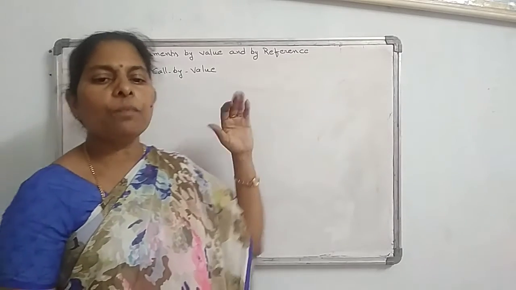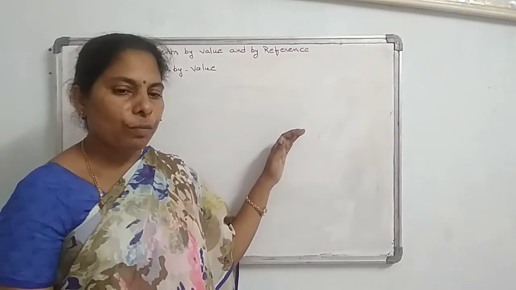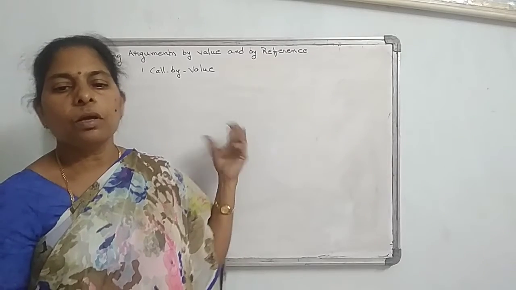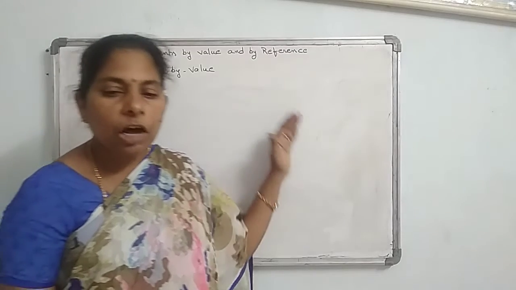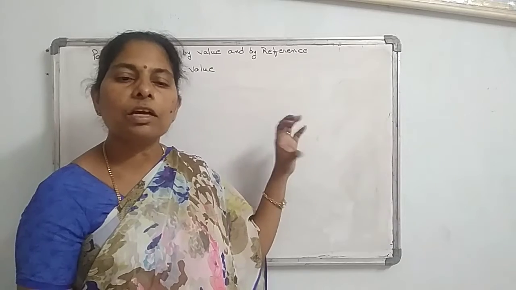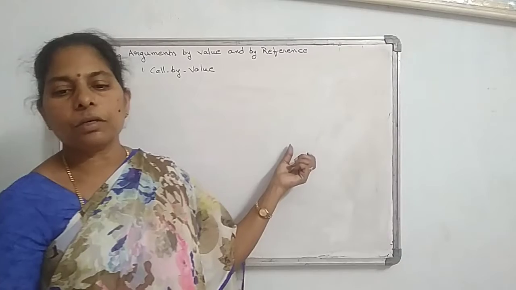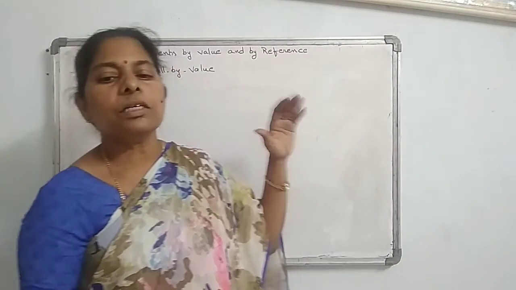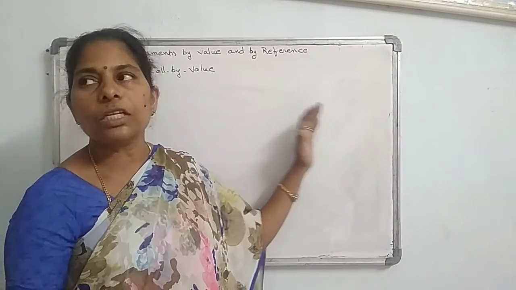If you pass any argument of a primitive type to a method, it is passed by value. That means a copy of the argument is made, and that value is assigned to the parameter. The values passed to the parameters that receive the arguments have no effect outside the method.